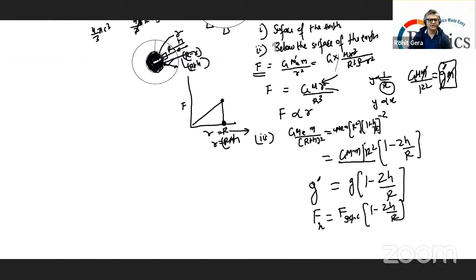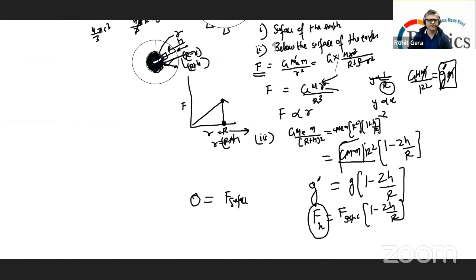So you can see the graph is a negative slope and it has a, if you put the gravity to be force to be 0. Okay, so what will happen? You will get 0 is equal to F at the surface, which was G M m by R square.